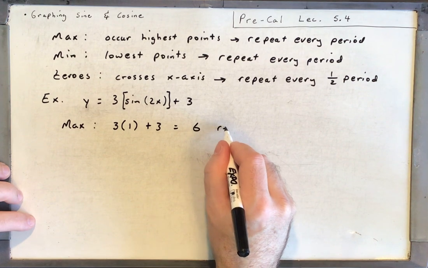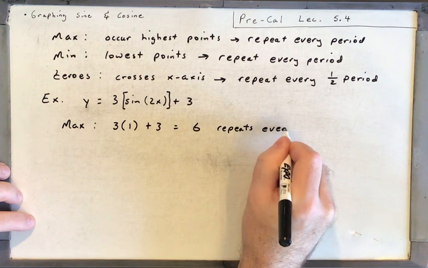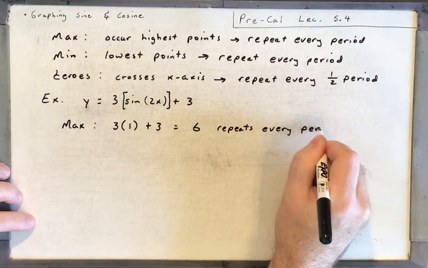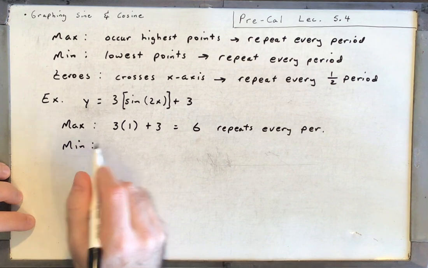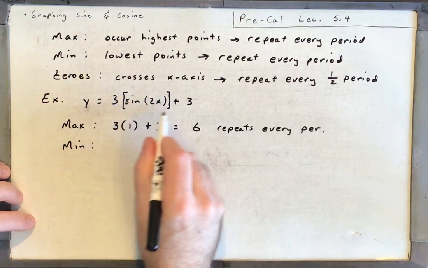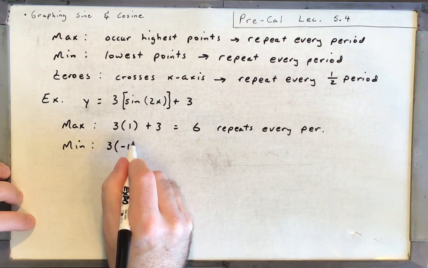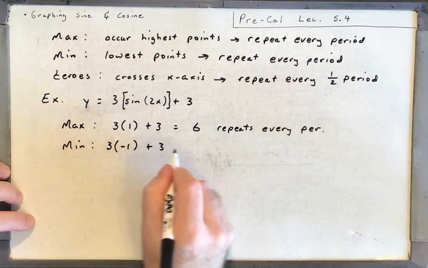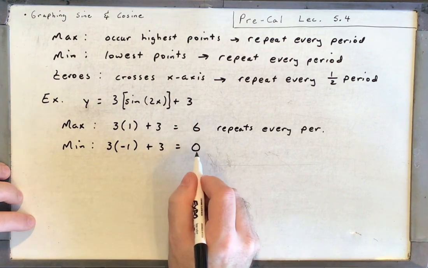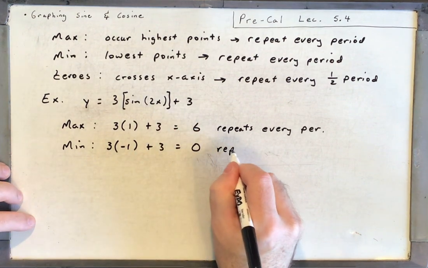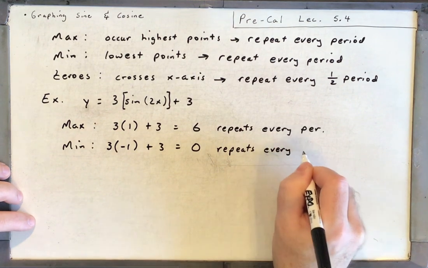And that repeats every period, which we'll figure out in a minute. The minimum occurs when that sine 2x, that whole thing, is -1. So our minimum is going to be 3 times -1 plus 3, 0, which also repeats every period.